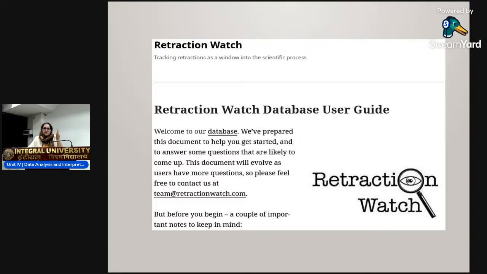So the research article which was previously published has been retracted, removed from all the databases so that you don't have access to the wrong data, right? So the retraction database maintains a listing of all the papers that have been retracted to date, and it has a live dashboard. How many retractions have happened today is on the live dashboard.